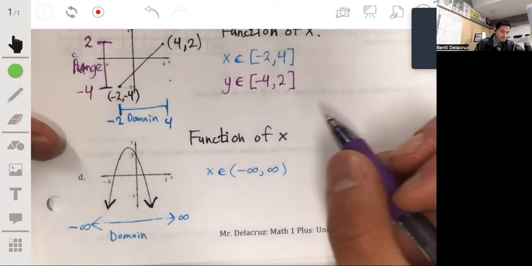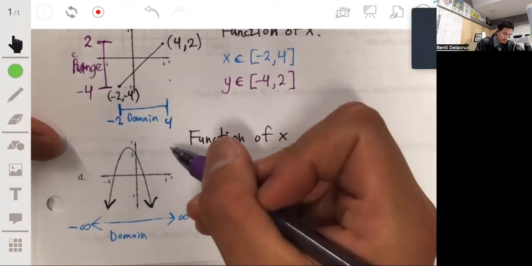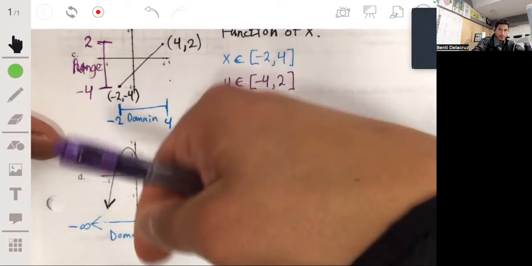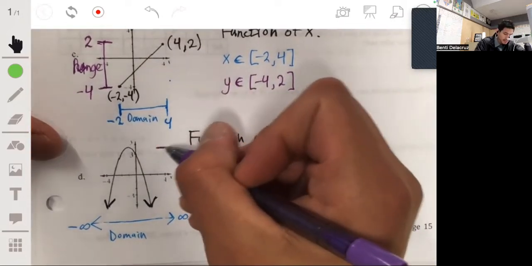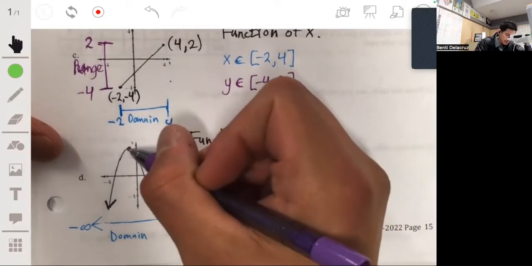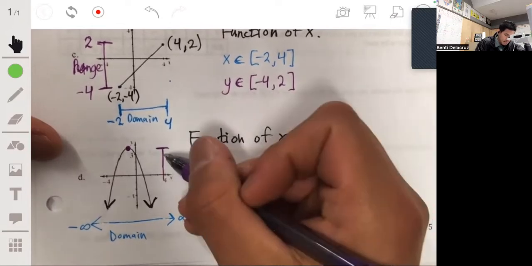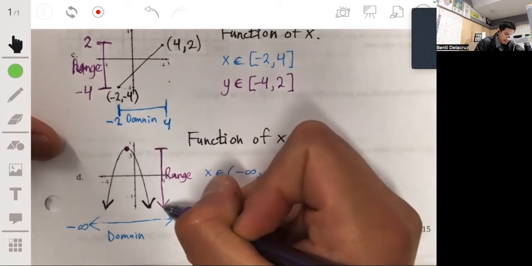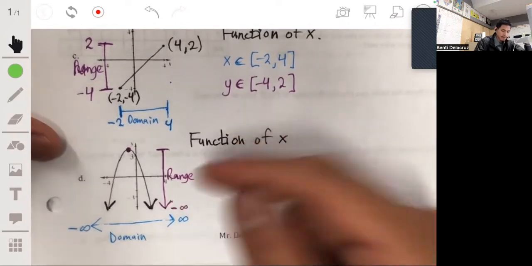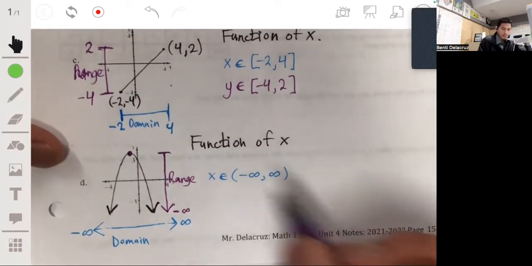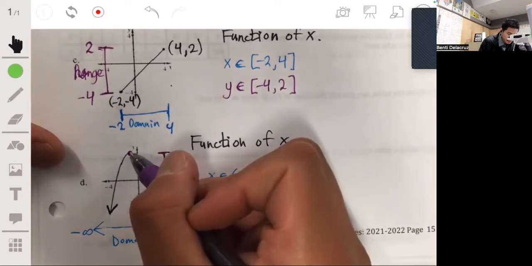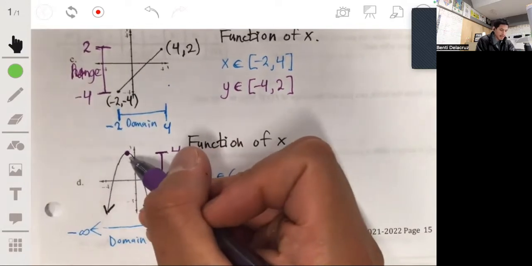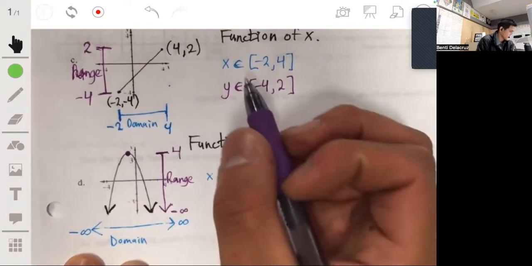Now the range, you have to be careful. The range, we go infinitely downward, because we keep on going downward. But it stops up here. It stops at this point right here. So downward, -infinity, since we're talking about the y direction. But up here, the y coordinate is 4, that's about -1, 4, it seems.